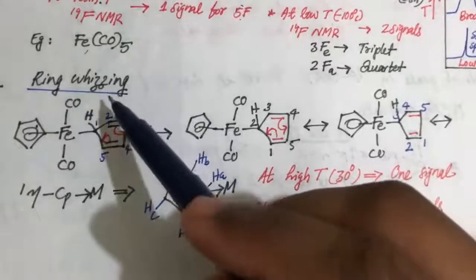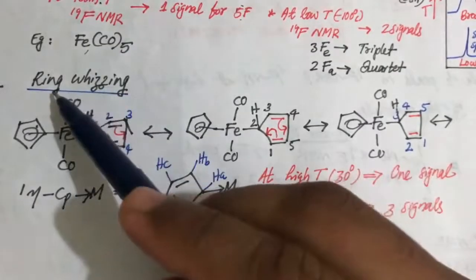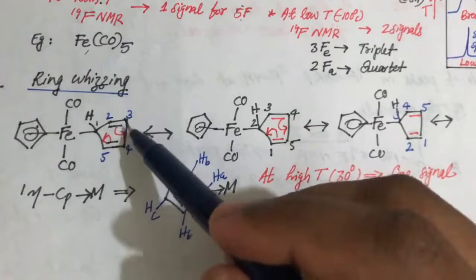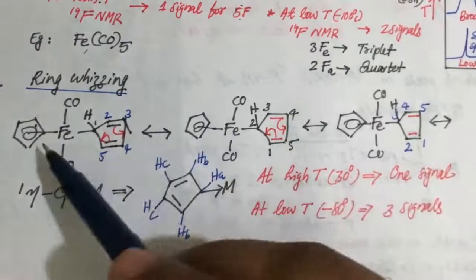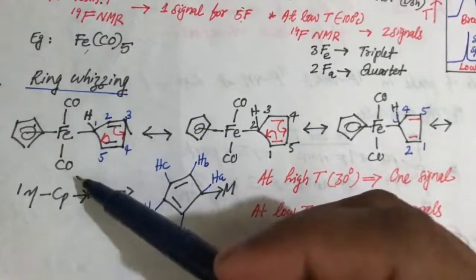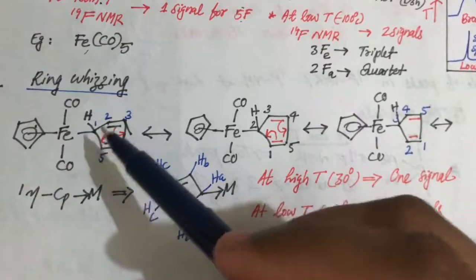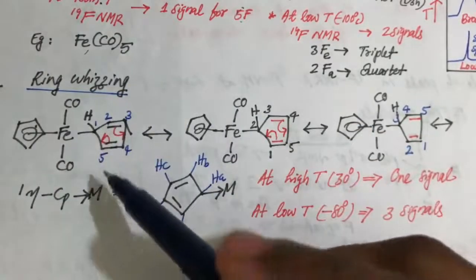Now another kind of fluxional behavior is due to the ring whizzing process. For the time being, this is the most popular organometallic complex showing fluxional behavior.